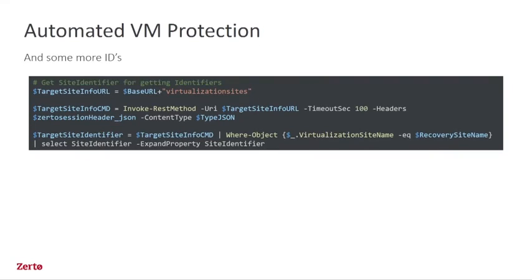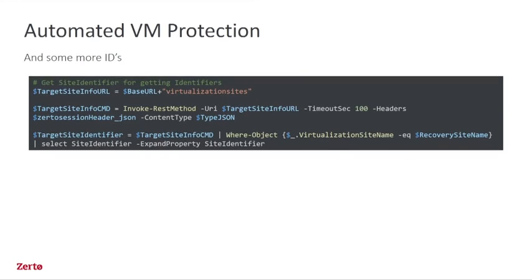We need more IDs, because I need to know what is the site I want to replicate to. If I have multiple sites, I defined the target site in that CSV file, in that VPG profile file, I need to get the IDs of those sites as well. There's a lot more IDs I need. I'm replicating to a data store, so I need the IDs from the data store as well. I didn't put all the code in here because it basically looks the same.